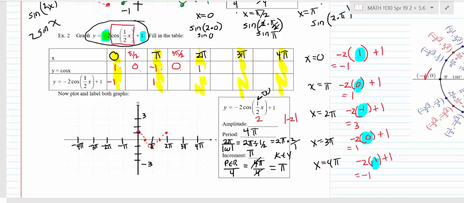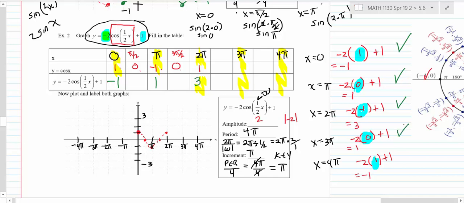So when we fill this out, it's basically going to go like this. If x is equal to 0, we get -1 there. If x is equal to pi, we get a 1 there. You're going to get the 5 key points. Then x is 2 pi, we're at 3. When x is 3 pi, we're at 1. And x is 4 pi, we're at -1. Those are the key points: -1, 1, 3, 1, -1.